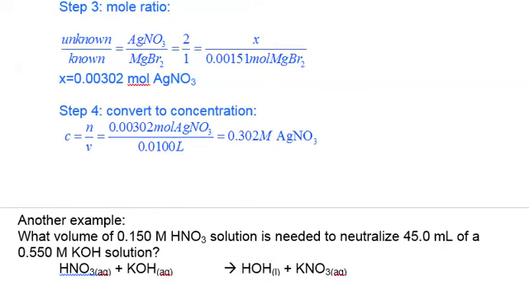So I can see, okay, this one is already balanced. So from there, I can identify my knowns and what I'm looking for. So I know concentrations of both of them, and I also know volume of the KOH solution. So I'm looking at calculating the volume of acid.